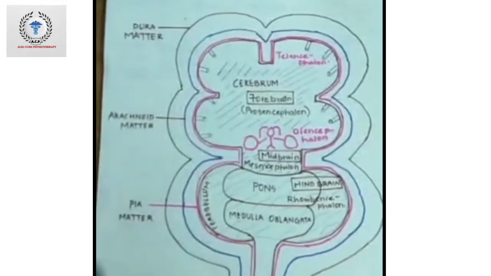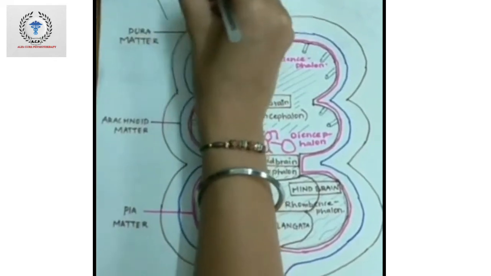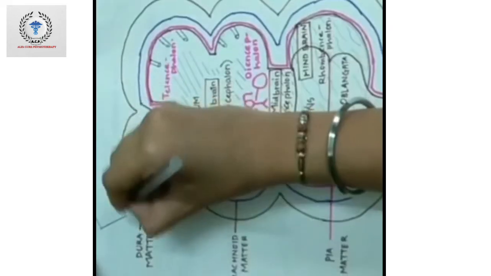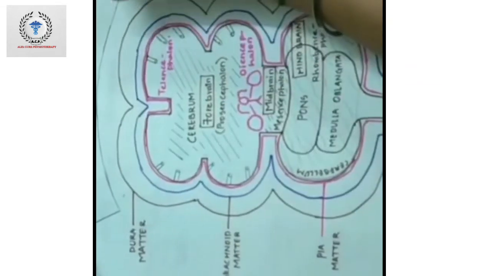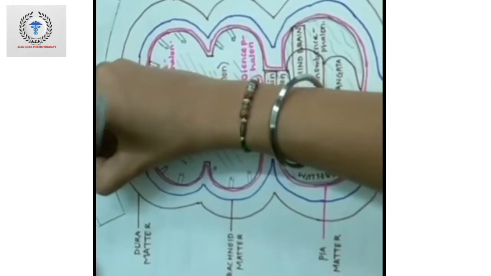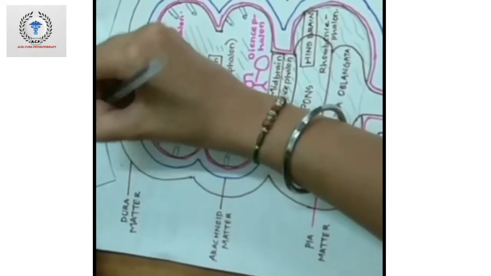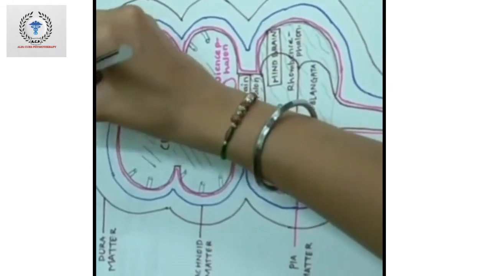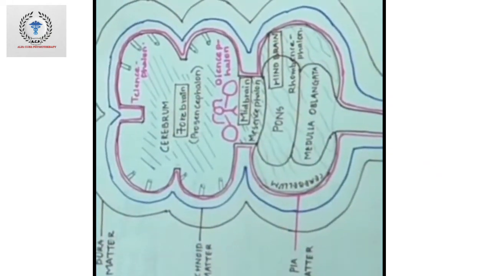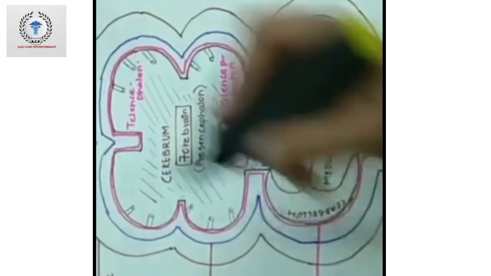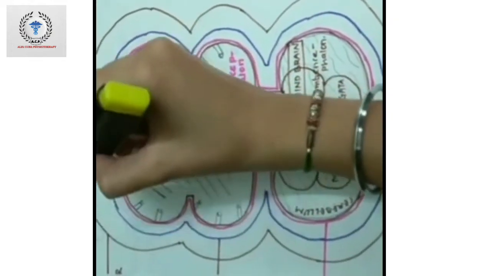Now let us study the spaces present around the central nervous system. The structure I am drawing is skull bone. Between the skull bone and dura mater, which is the outermost layer, there is presence of epidural space.